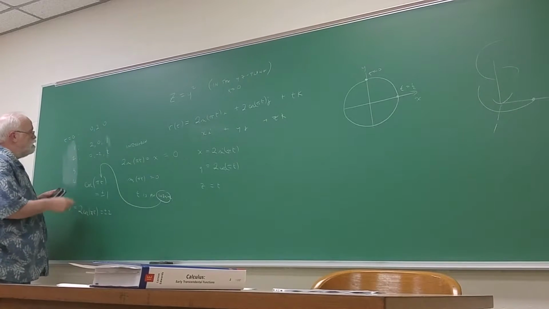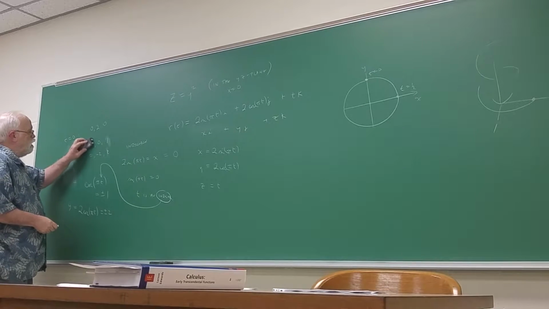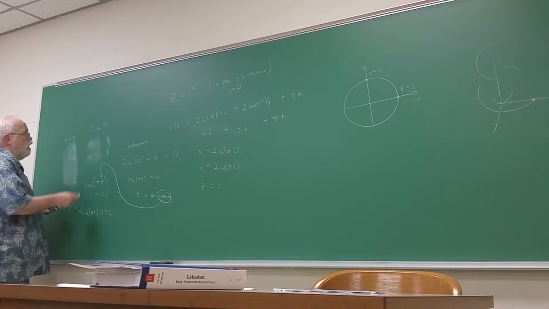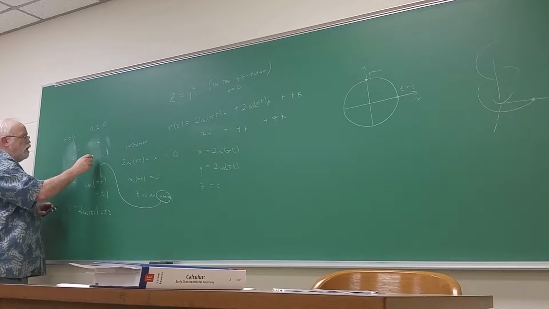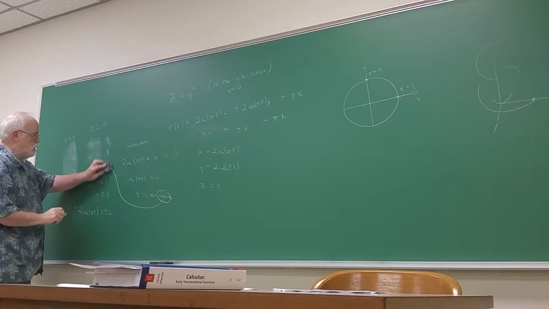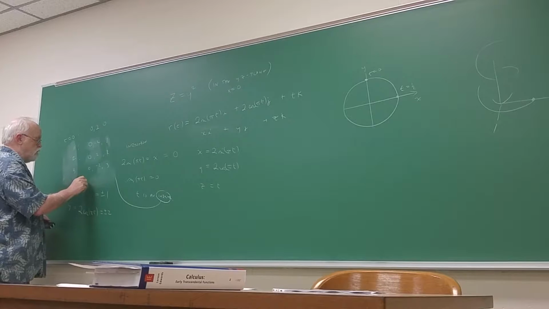What I was thinking we were going about pi over 2, but these are zeros here. And so we get a minus 2, and then a plus 2, and a minus 2, and a plus 2.